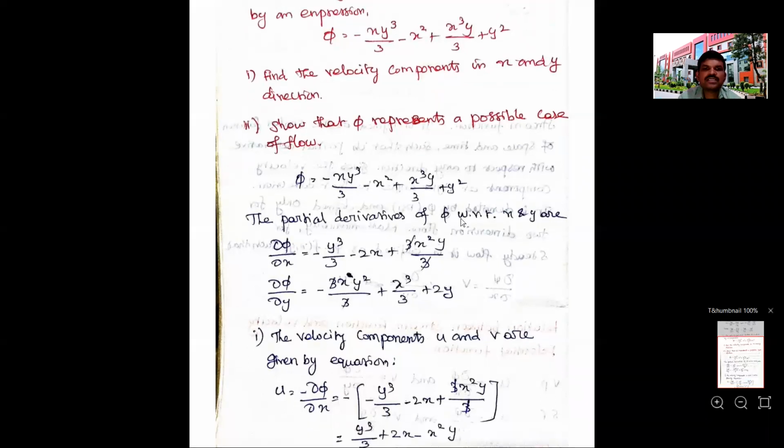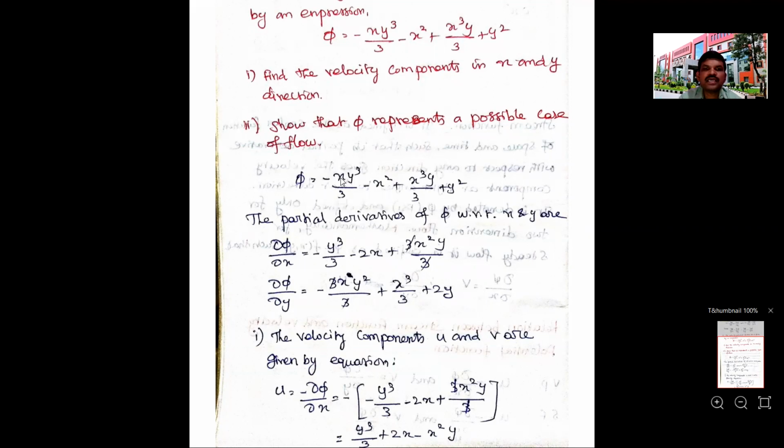First we have to do the partial derivative with respect to x and y. So dou phi by dou x: partially differentiate this value with respect to x.